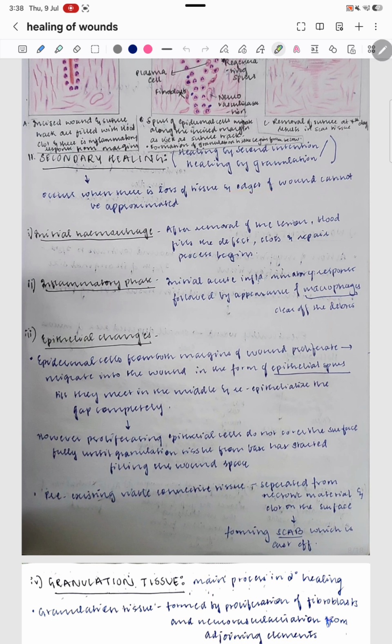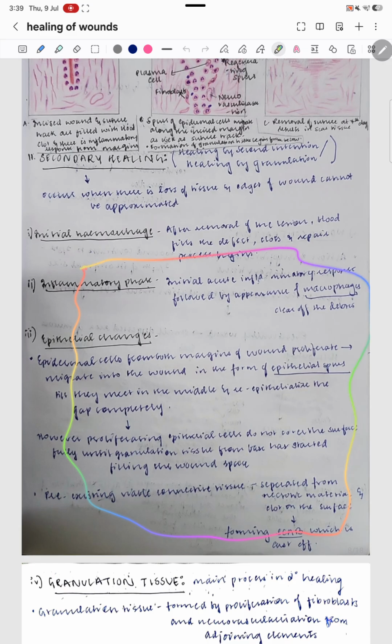So first is the initial hemorrhage. In the initial hemorrhage, after the removal of the lesion, the blood fills the defects. Let's just say that the lesion is very big and the borders of the lesion are not determined.